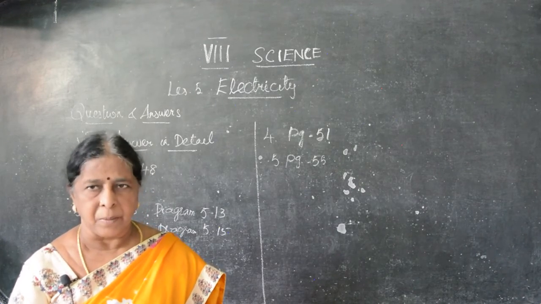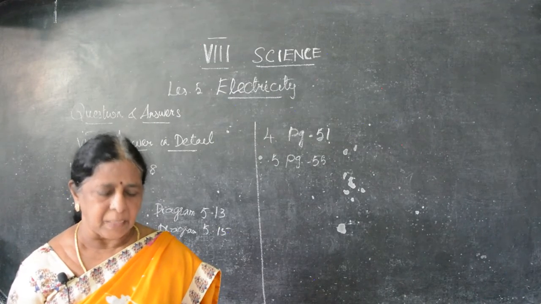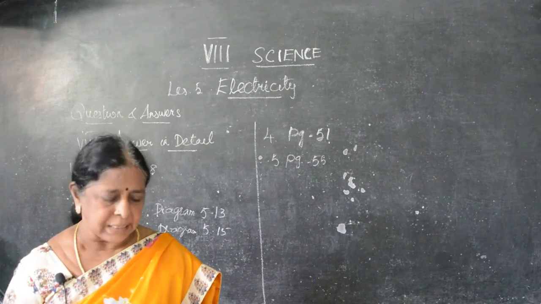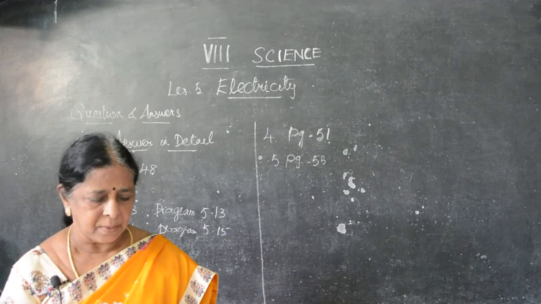So, you have to draw the diagram for this. Clear, children? First the 4 lines I said, then next to that you have to write activity 6 fully with the diagram. Any other doubts?